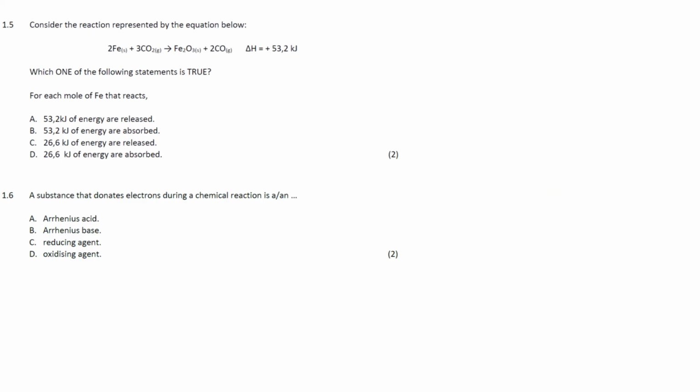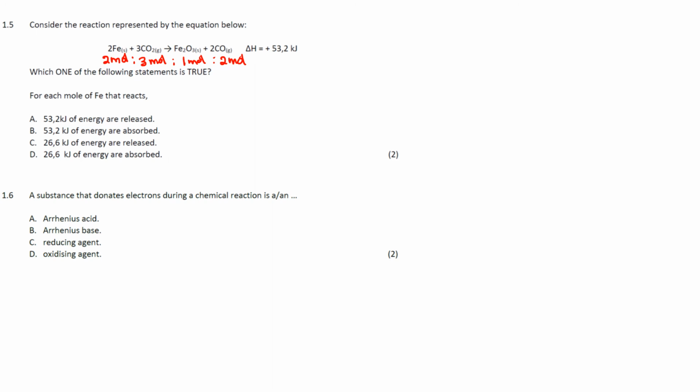Question 1.5 says, consider the reaction represented by the equation below. 2 moles of iron reacts with 3 moles of carbon dioxide to produce 1 mole of iron oxide and 2 moles of carbon monoxide.